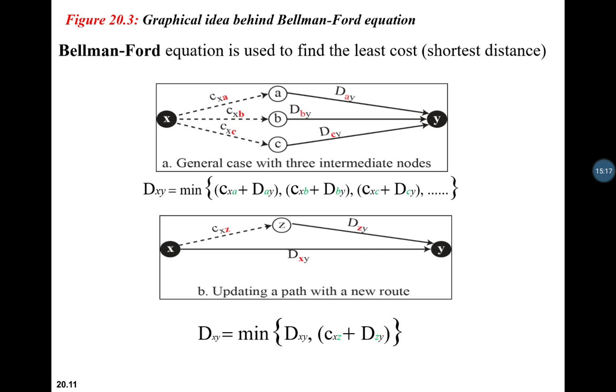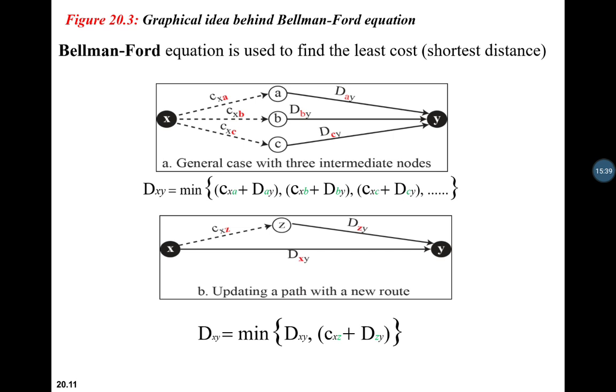And also we can see the below diagram. If dxy is known, then if there is one more new route cxz to dzy, and if that is minimum, then once again the path is updated. That is the Bellman-Ford equation.